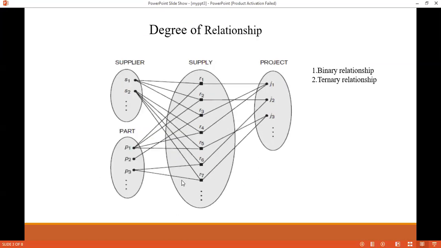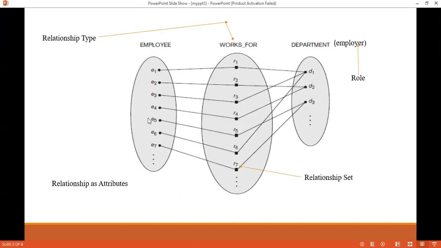Now, what is degree of relationship? Whenever degree comes into picture, we should understand how many entities are participating in a relationship. My dear friends, remember in the previous slide, here employee and department, these are the two entity types that are participating in a relationship type. Hence, the degree of this relationship type is binary relationship.